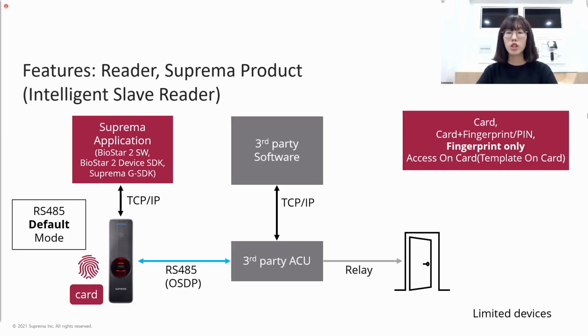Since intelligent slave can operate as an intelligent device like an IP-based BioStar 2 device, authentication is possible with fingerprint only, without card input. And server matching is also available. In addition, the access on card described above is also supported.